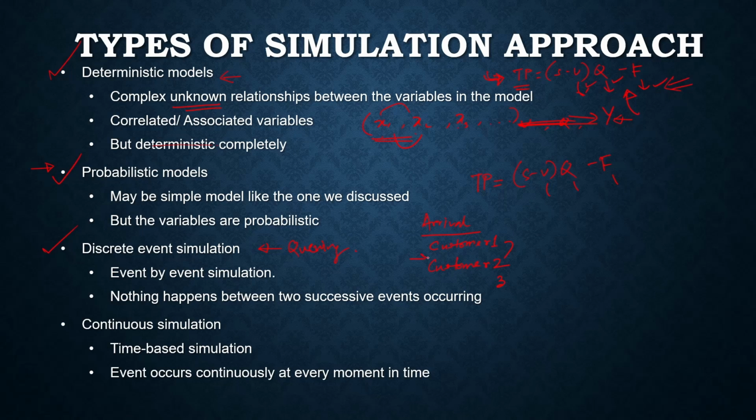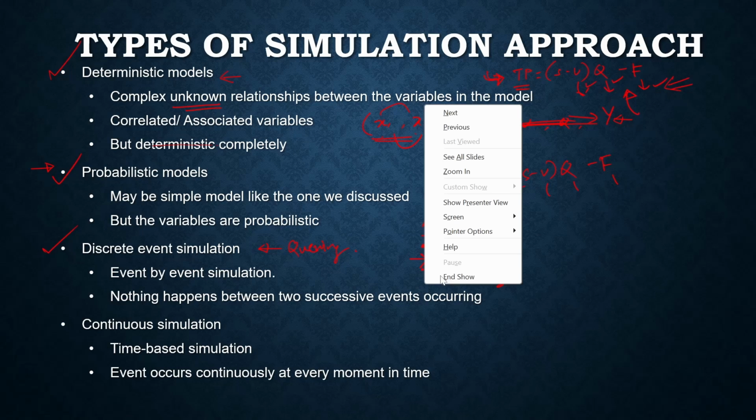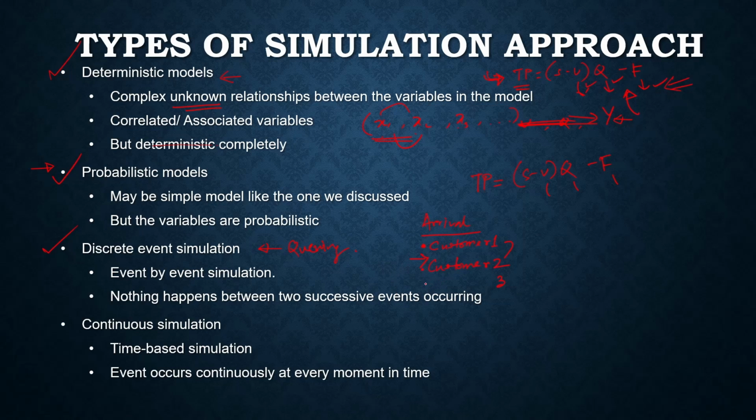No. So the events that are happening are the arrivals: customer 1, customer 2, customer 3. And in between these events, nothing actually happens. So if we monitor the sequence of events, customer 1 arrives, customer 2 arrives, customer 3 arrives, and customer 4 arrives. In this way, discrete events happen. If you formulate your simulation model this way, that becomes the discrete event simulation.